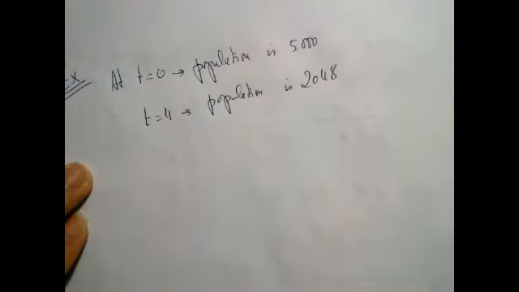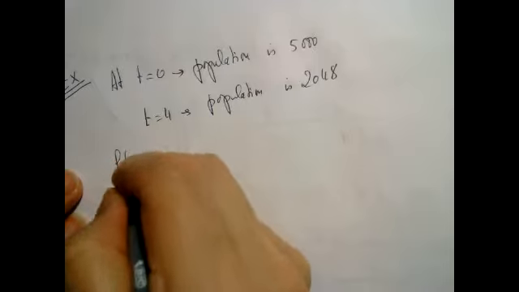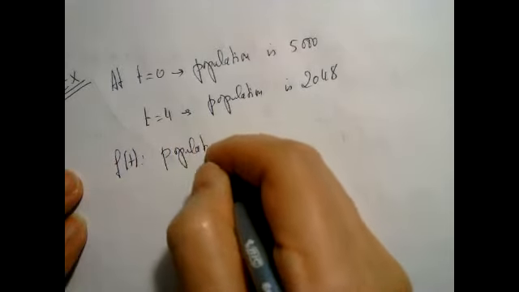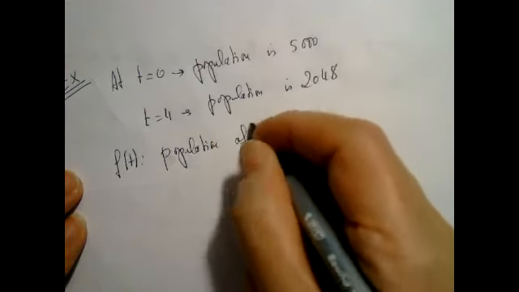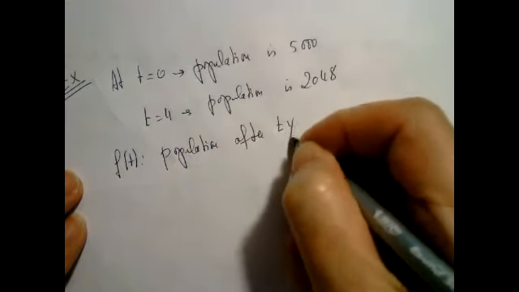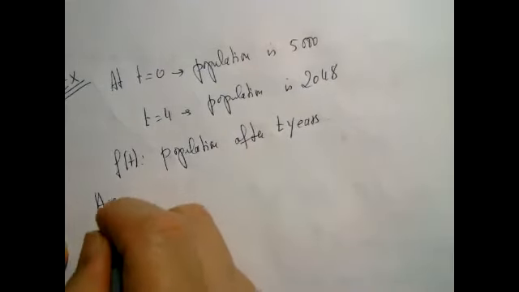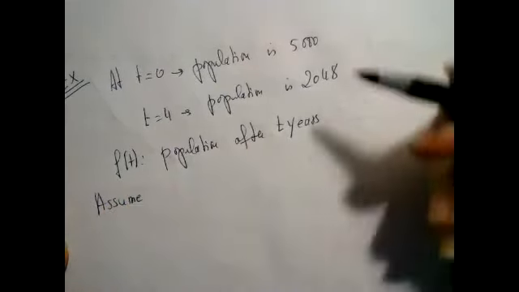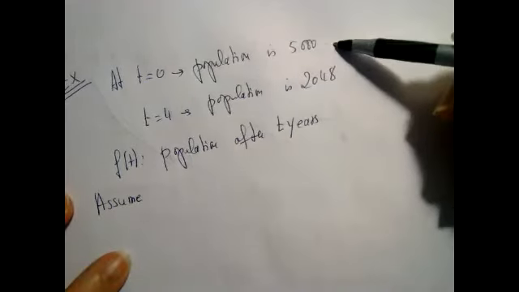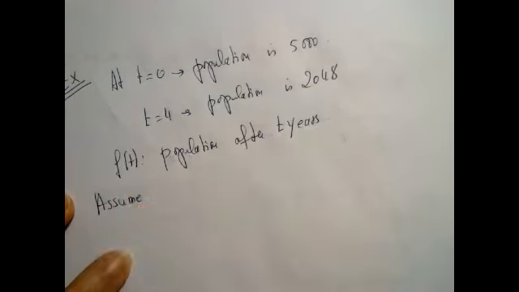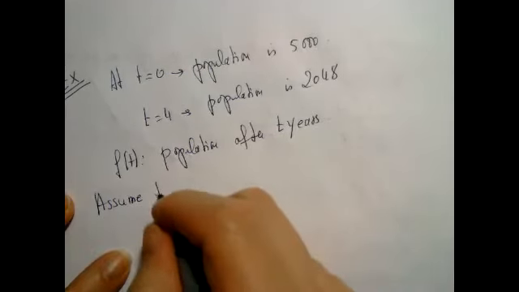Let f of t be the population after t years. Now, we're going to assume that the population is decreasing exponentially, because it was 5,000 down to 2048.